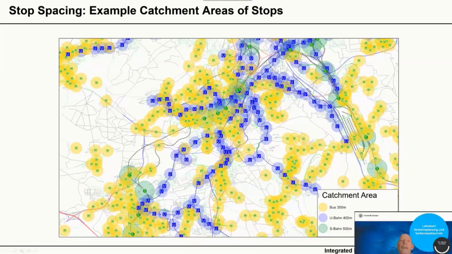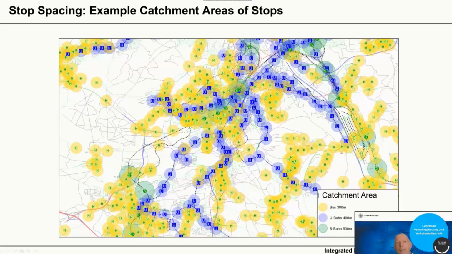Then you identify certain places which are not well served. I should have shown the population density behind it. This is a public park. This is also forest.